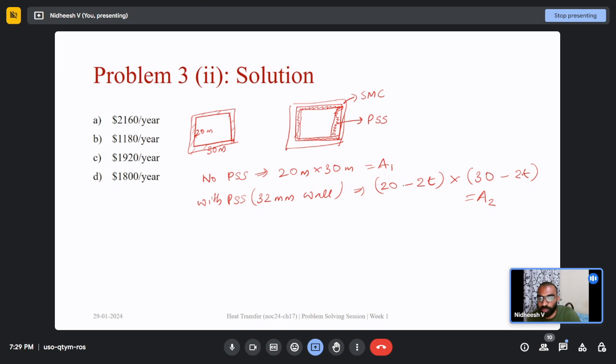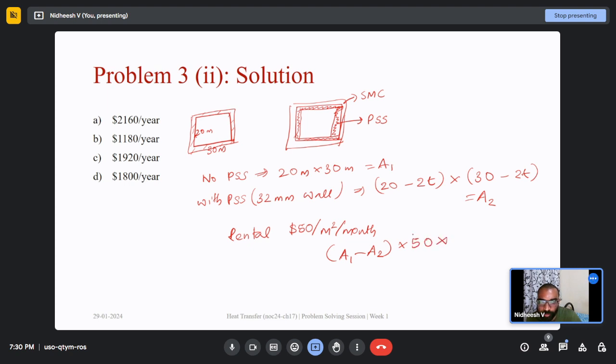We are losing some floor area, and if the rental charge is $50 per meter square per month, what is the lost income per year? That is the question. We can just find out A1 minus A2, and we can multiply that with 50 per month.